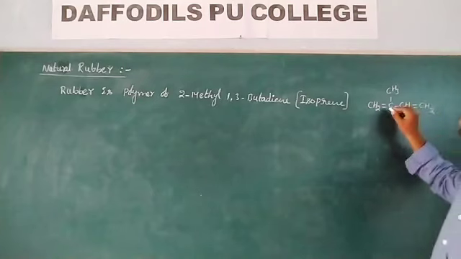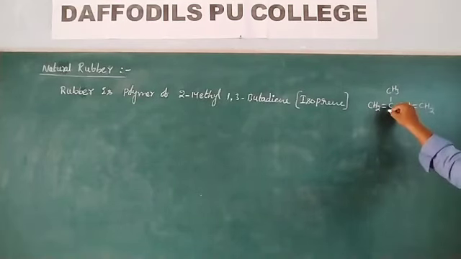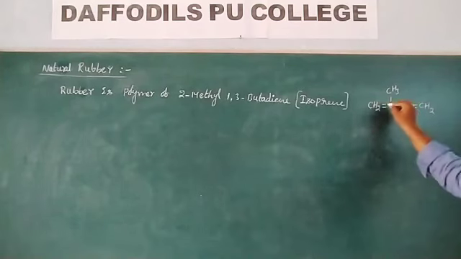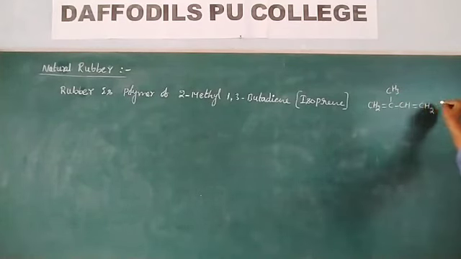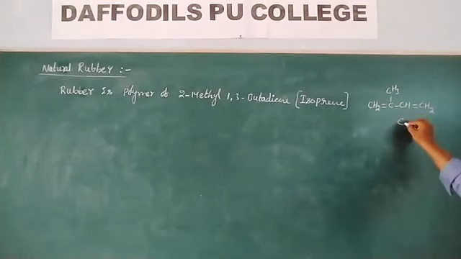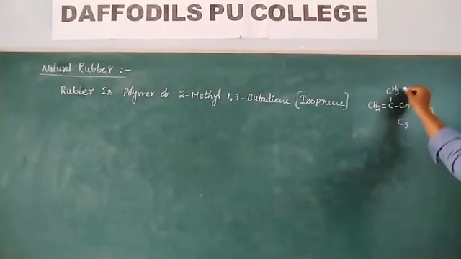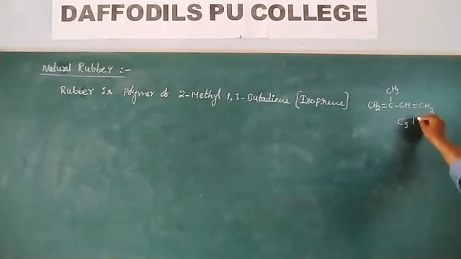Okay. This isoprene, so what is the empirical formula of this one? How many carbons are there? 1, 2, 3, 4, 5. C5. How many hydrogens? 5, 6, 7, 8.